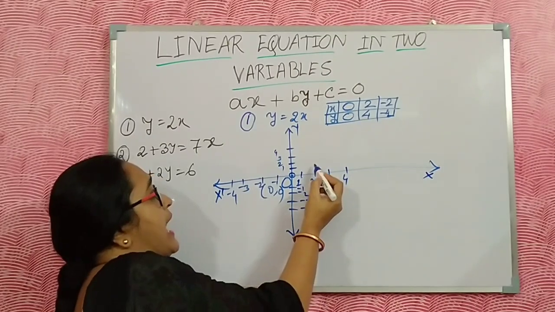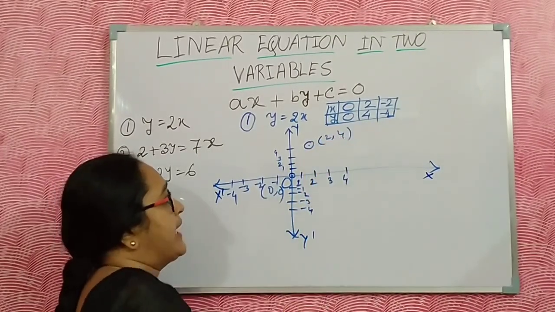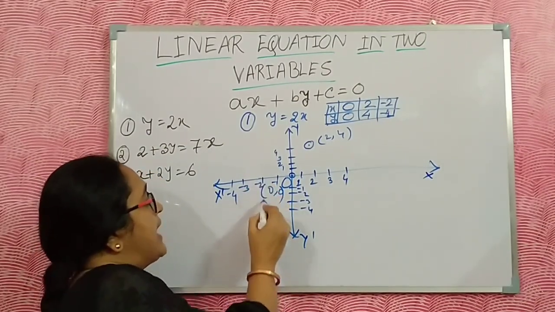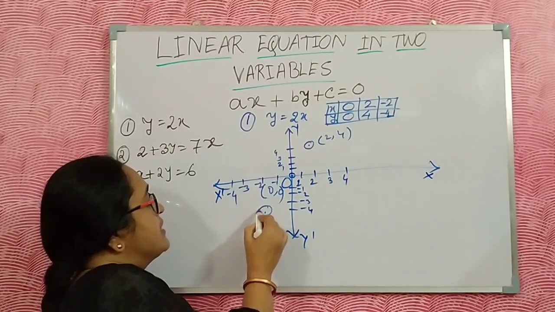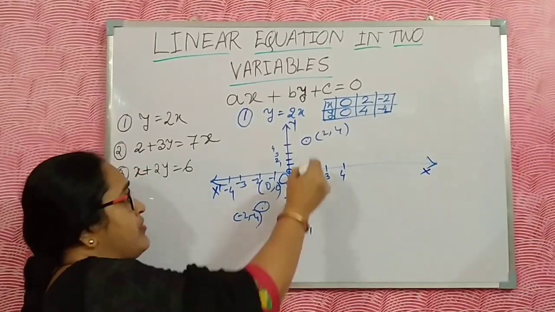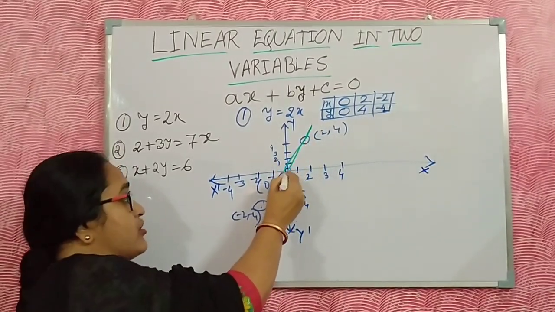X is 2 and y is 4. Here, this is 2, 4. And then -2, -4. -2 is here and -4 is here also. Now you just join them by a scale.